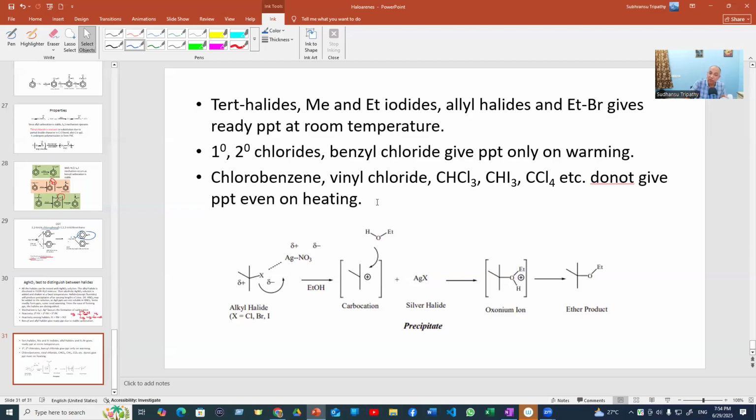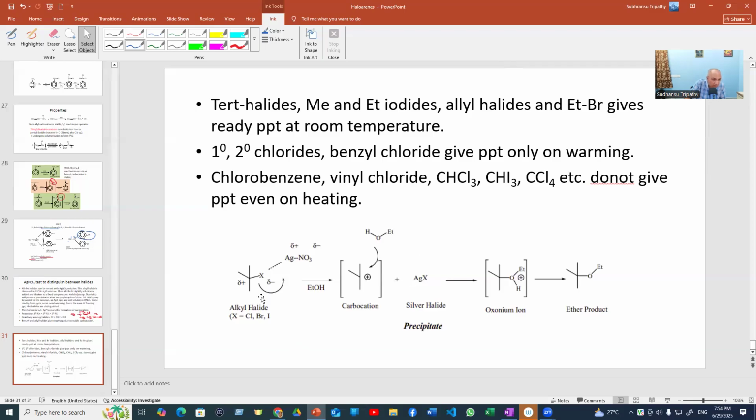They don't respond to the silver nitrate test because nucleophilic substitution is difficult with chlorobenzene itself. In aromatic compounds, or with the vinyl carbocation, it is not stable, and it's not possible to substitute chloride by nitrate, because the bond is so strong that Cl minus won't go. So remember, these do not respond to the silver nitrate test.